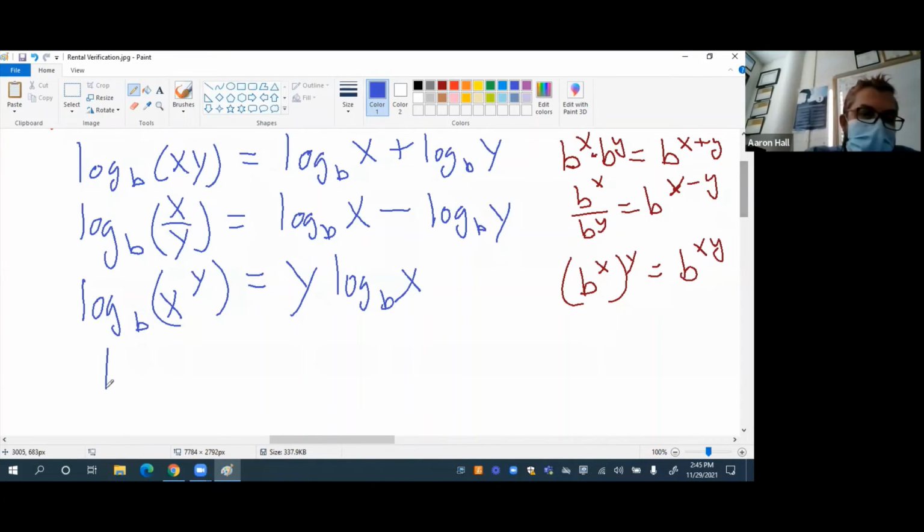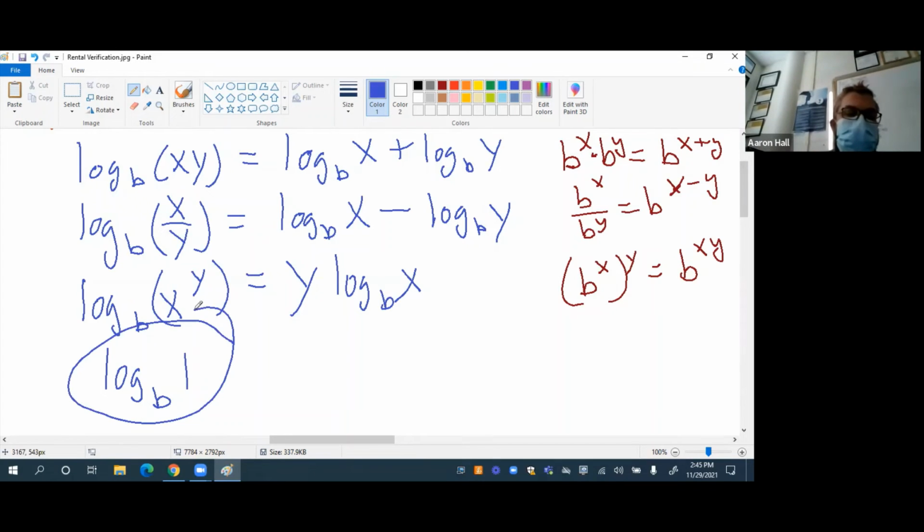What about if I have log base b of 1? What would that give me? It's not going to be b.